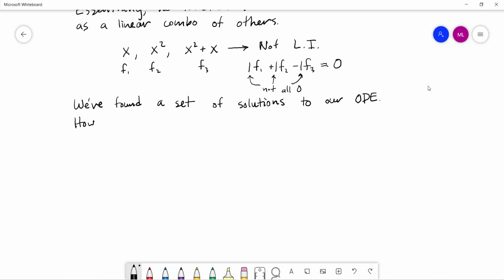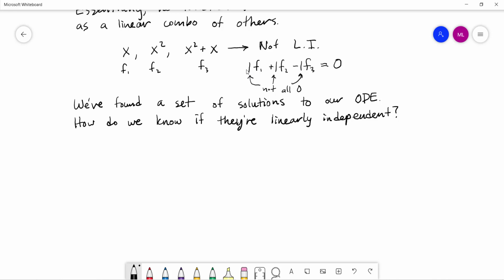How do we know if they're linearly independent or not? Well, we're not always going to be able to just pick out by observation that we can find a combination of these functions that cancels out and gives 0 without all the individual coefficients being 0. So that's not going to be possible.